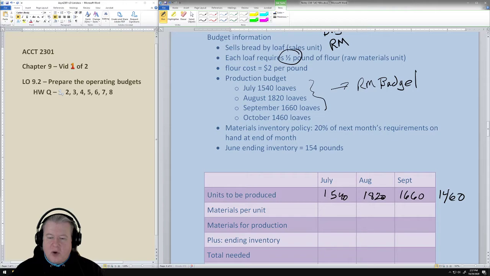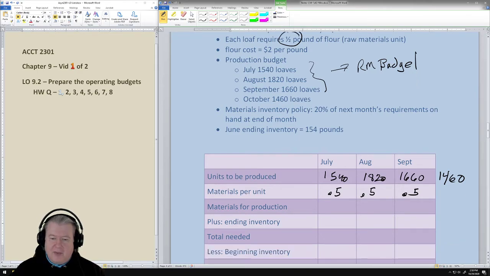So even though we're planning on producing 1,540 loaves of bread, we're going to multiply that by 0.5 to get the amount of flour that we need. So this becomes 770, this becomes 910, and this becomes 830. And I guess this becomes 730.